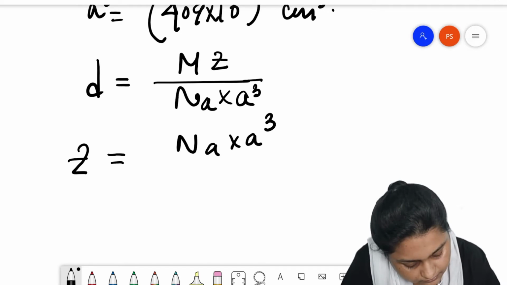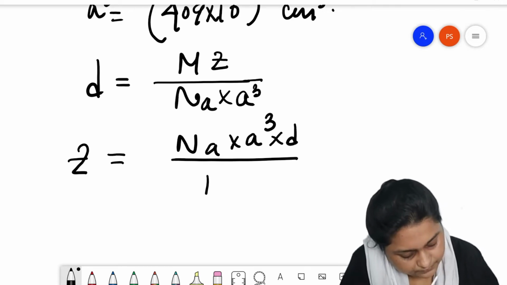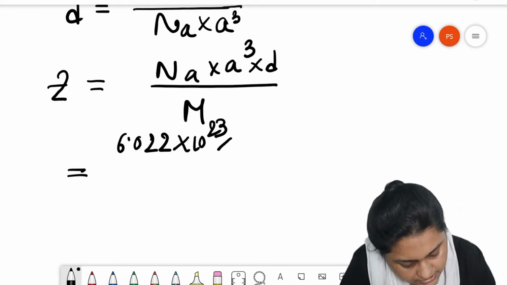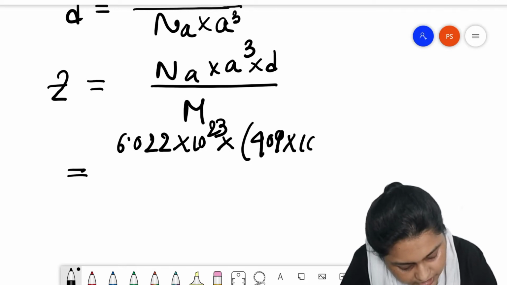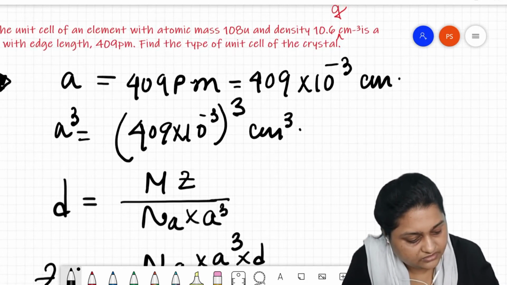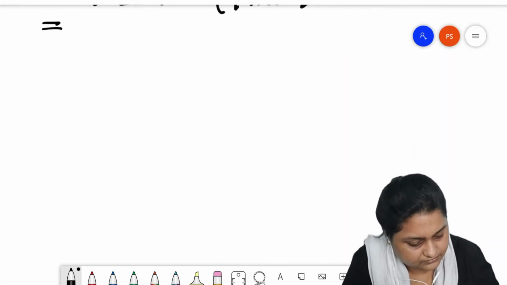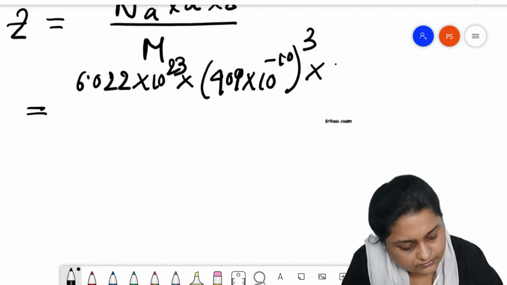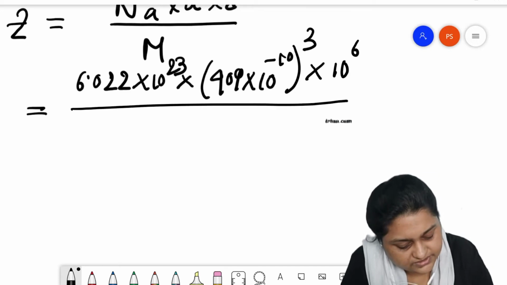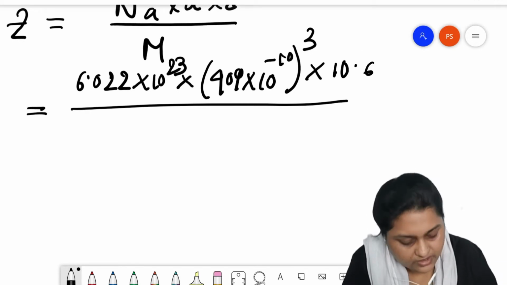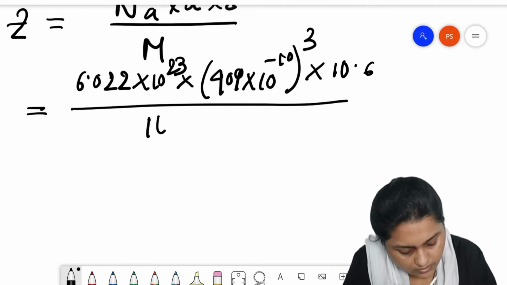z equals N A into a cube into d by M. Now 6.022 into 10 to the power 23 into 409 into 10 to the power minus 10 whole cube into density, which is 10.6, divided by molecular mass, which is 108.